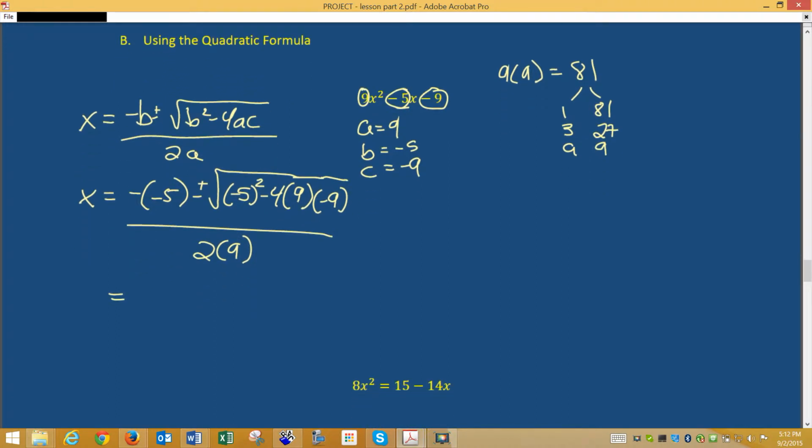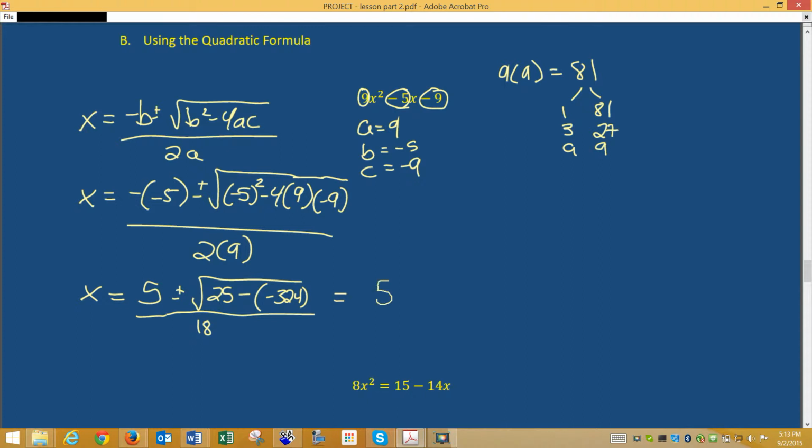So negative 5 is just positive 5. And negative 5 squared is 25. Minus, okay, 4 times 9 times negative 9. Just going to put that in my calculator, and that is negative 324. All over 2 times 9 is 18.